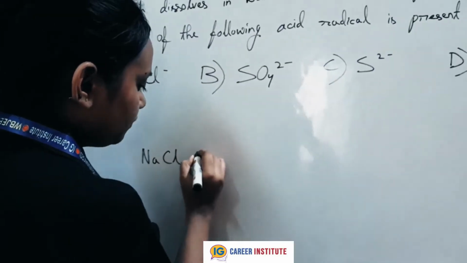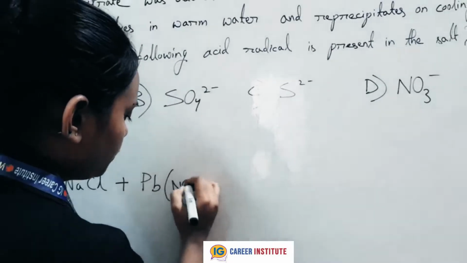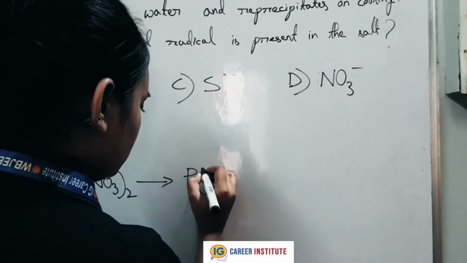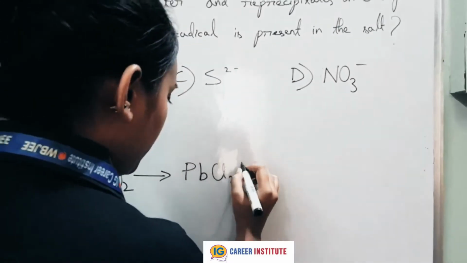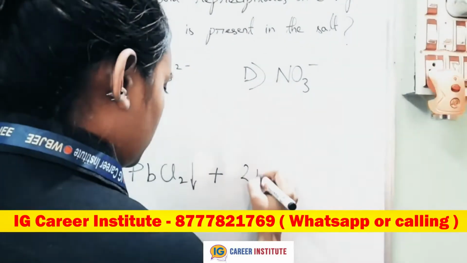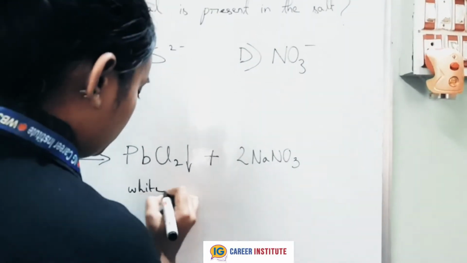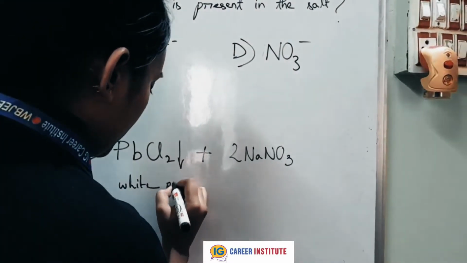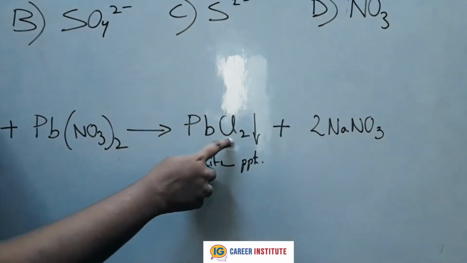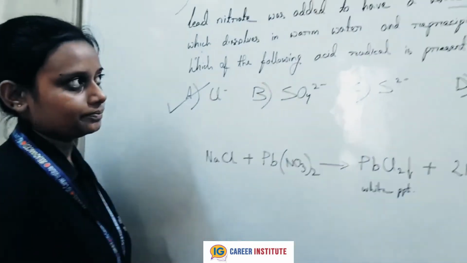It was treated with a solution of lead nitrate, that is Pb(NO3)2, arrow, it's just a double decomposition reaction, PbCl2, this is the white precipitate, plus 2NaNO3. So this is basically the white precipitate which dissolves in warm water and reprecipitates on cooling. So the chloride radical is present in the medium. So our correct option is option A.